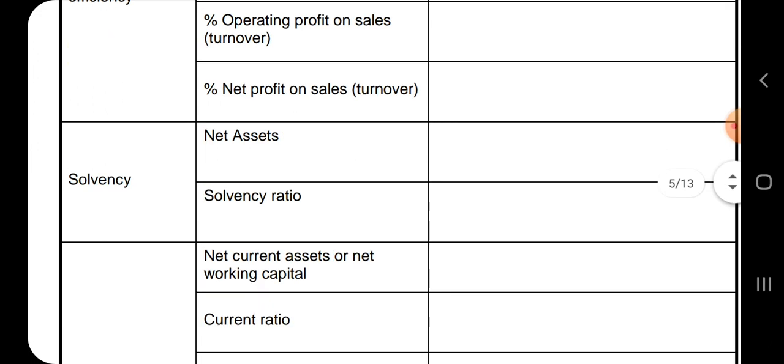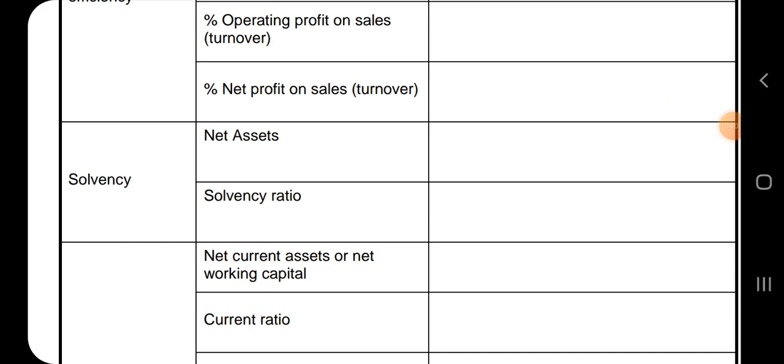And then we go to solvency. When we say quote ratios with regards to solvency, that relates to net assets, and that is the solvency ratio. So you quote the solvency ratio. What is solvency, guys?